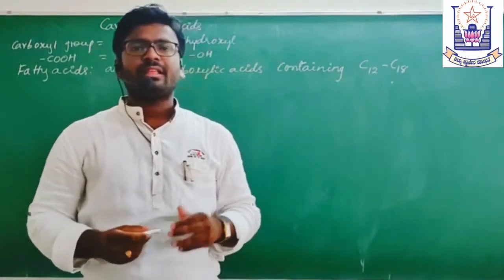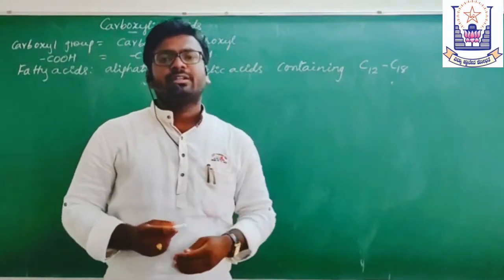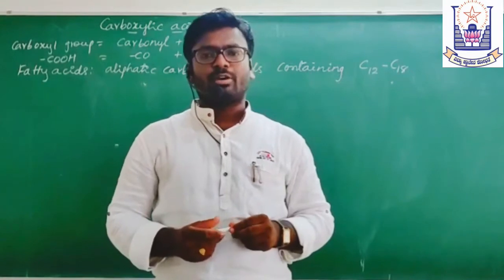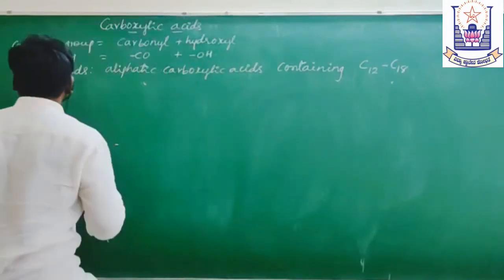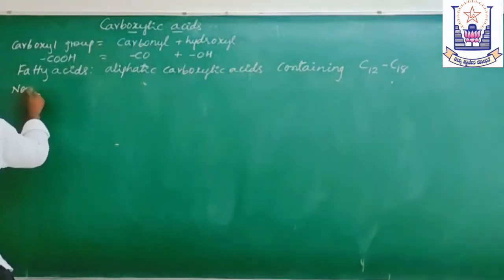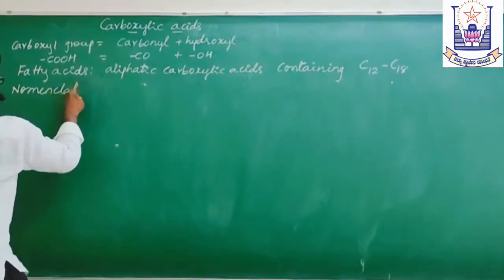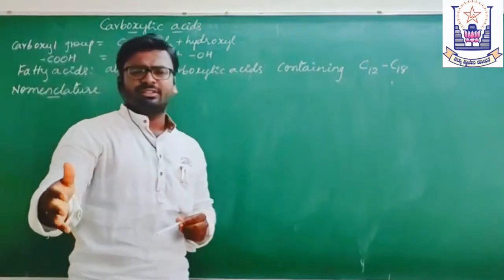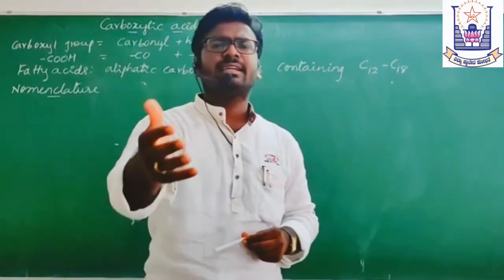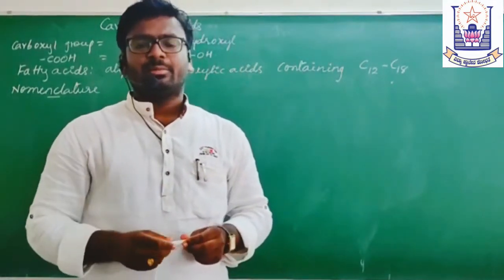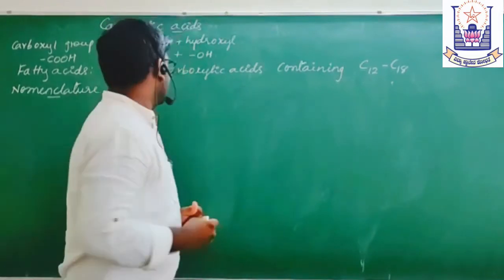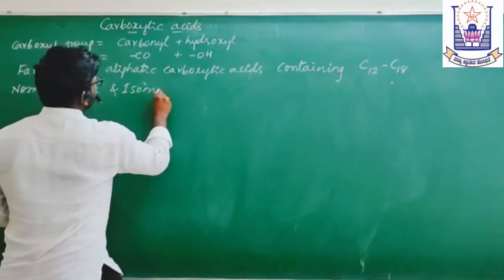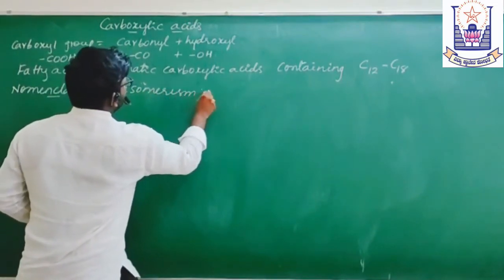Now, let us go for the nomenclature and isomerism of these carboxylic acids. Regarding isomerism, in the NCERT they have not mentioned it, but it is an extra point I am going to tell you.